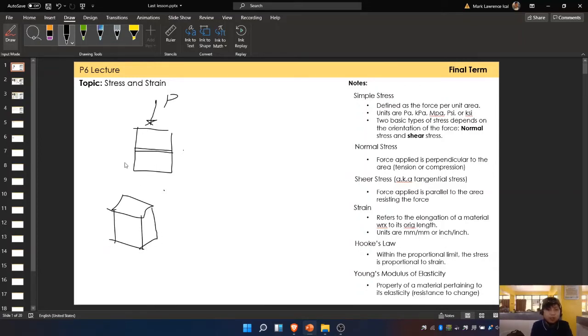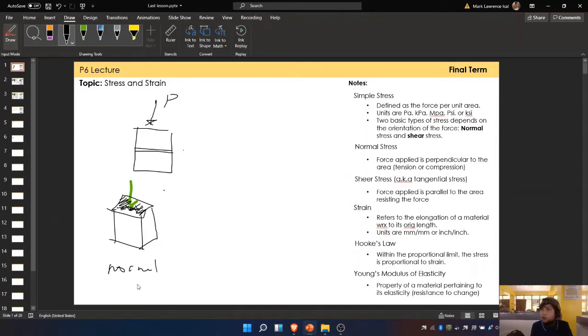Ano ba sir ibig sabihin nun? Yung area na gagamitin nyo is kung ano yung nakakadama sa mismong force. Yung parang sumasalo. Yung sumasalo sa force na yan, ay itong area na ito. So, that is normal.